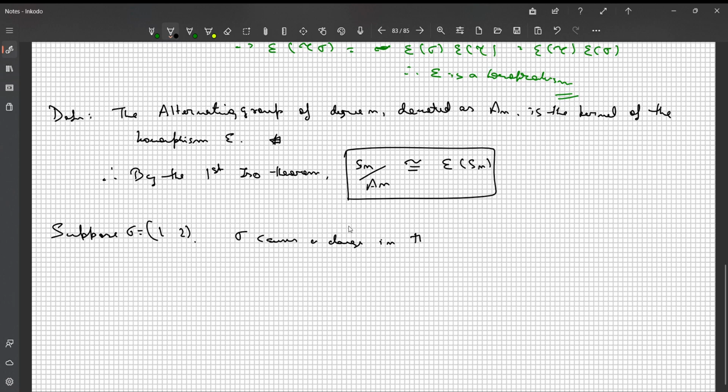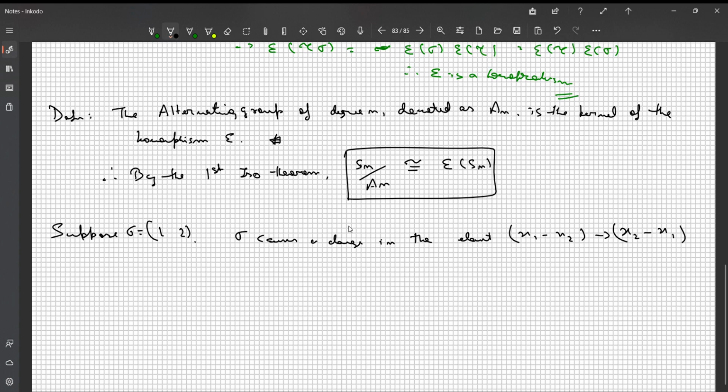Then notice that if this is sigma, then sigma causes a change in the element x1 minus x2.